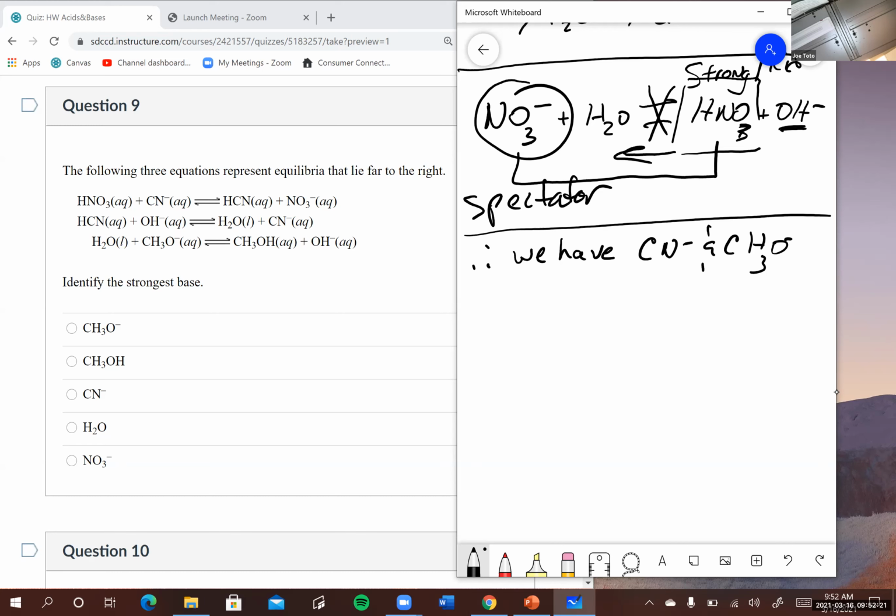So let's go to the next one. I have HCN plus OH minus, and that makes water and CN minus. That lies way to the right. Now, if you think about this for a while, and that's why I wanted to give you a few days, then you might say, okay, that's true. And I've thought about it, I slept on it, I still don't know what's going on. But if that reaction lies way to the right, then where does this reaction lie?